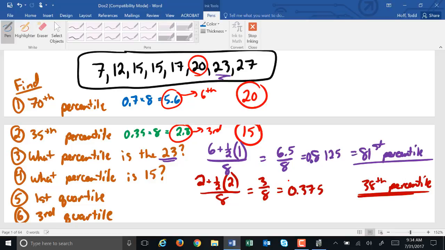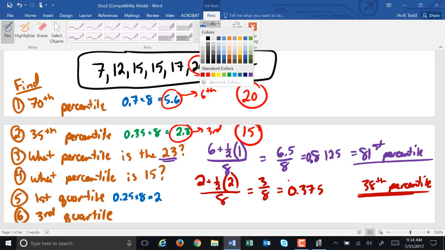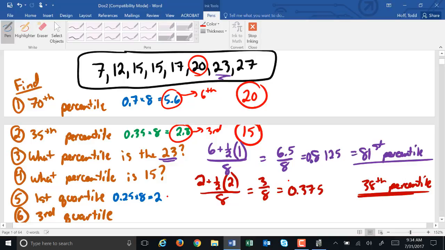First quartile and third quartile. Remember, the first quartile is just the 25th percentile. So that's going to be 0.25 times 8, which is 2. But since that's a 2, that means it's between the second and third. So that means it's going to be 12 plus 15 divided by 2, or 13.5.